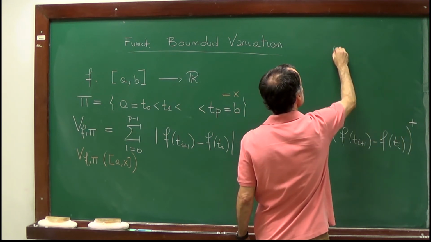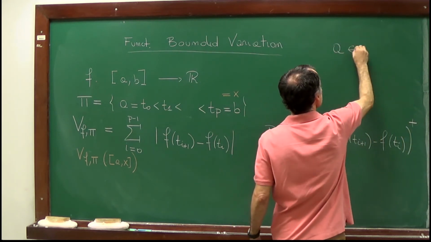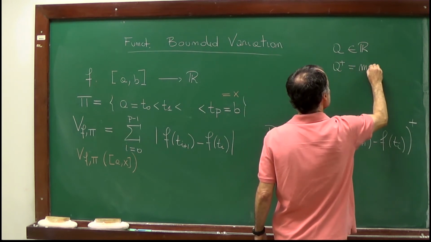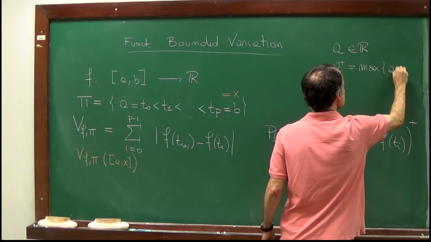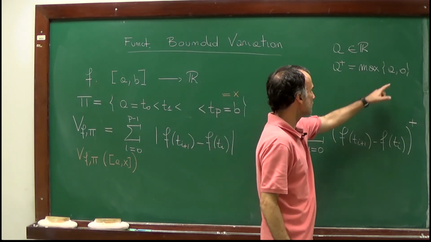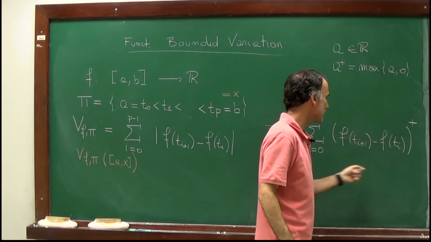Remember that if I have a real number a in R, a plus represents the maximum between a and 0. So if this value is positive, it's equal to its value. If it's negative, I take it as 0.